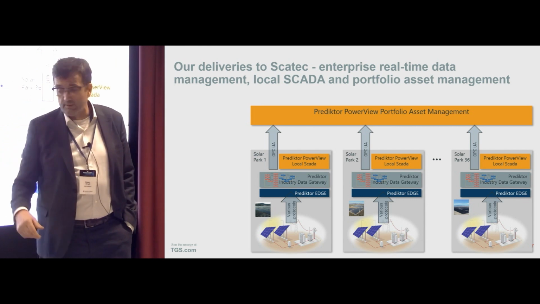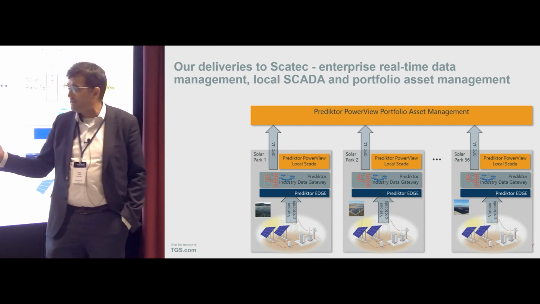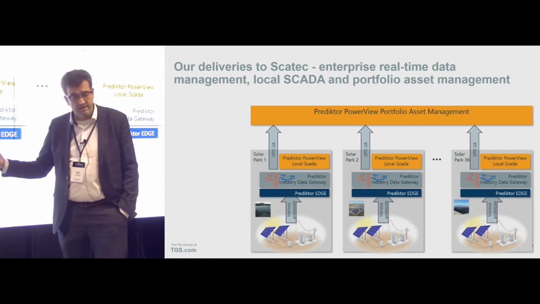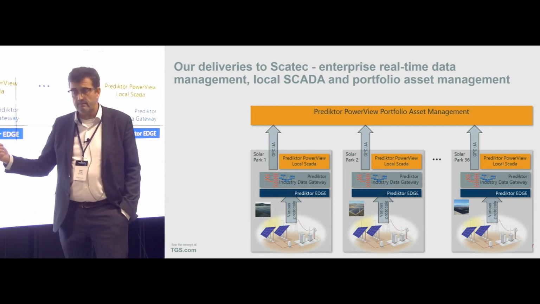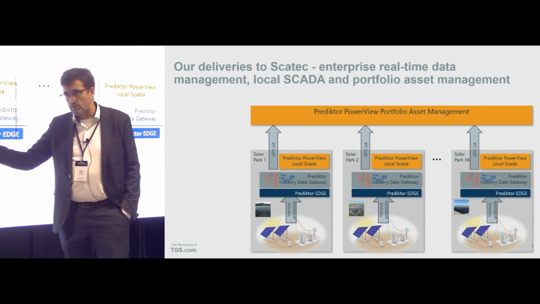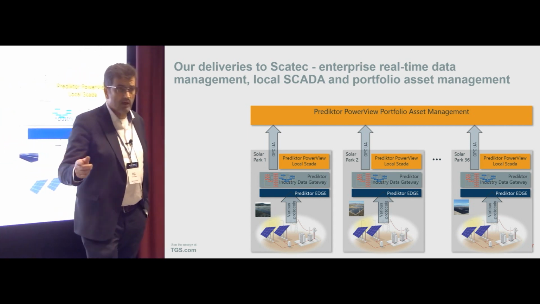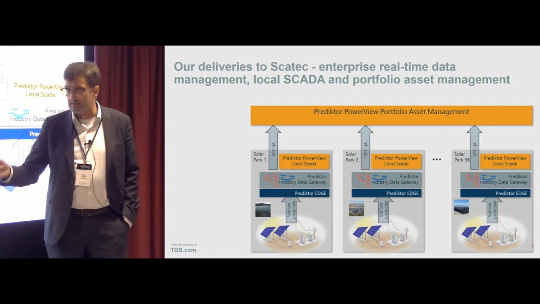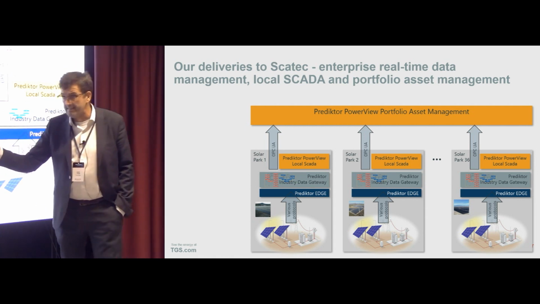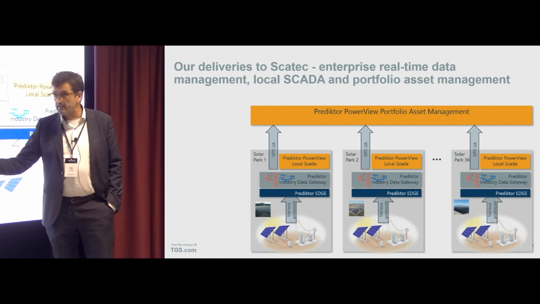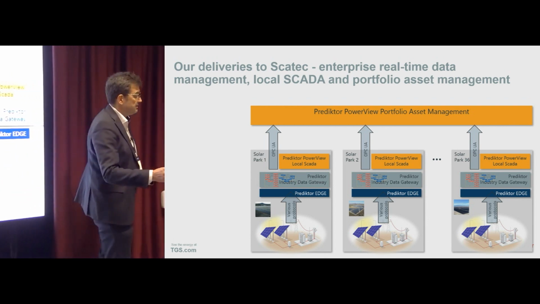If you do the math, you can see that the average size in utility scale solar now is 300 megawatt for new projects. These are huge constructions. In a 300 megawatt utility scale solar plant, you have about 1 million solar panels, and each panel has potentially one sensor. So there's a lot of data coming out of these assets.